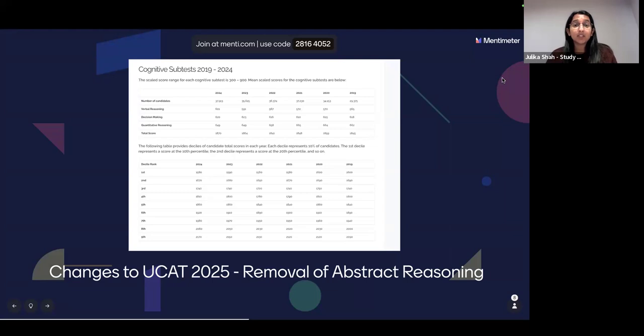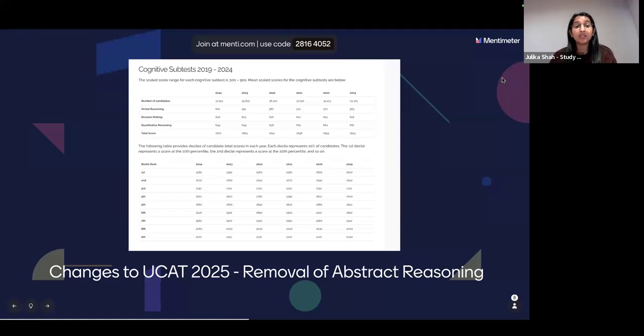There used to be a section, so when I did the UCAT years ago, there was a section called abstract reasoning. For those of you who have been practicing or have done this exam before, it's where you're given shapes and you have to figure out what's next in the pattern. So quite a significant change is that the UCAT body has removed this section from the exam.